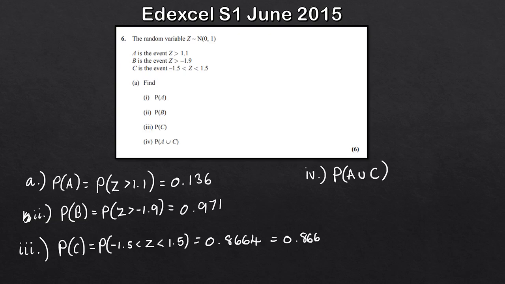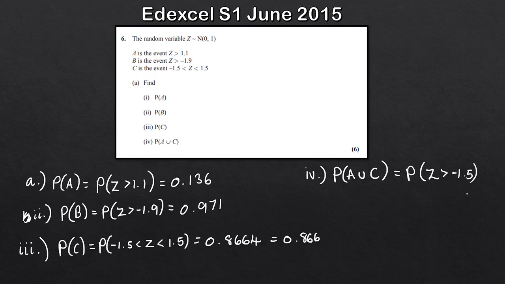So in this case, all I'm saying simply is that the probability is going to be Z greater than minus 1.5. If it's A union C, we're just saying everything above that. So greater than minus 1.5 there.